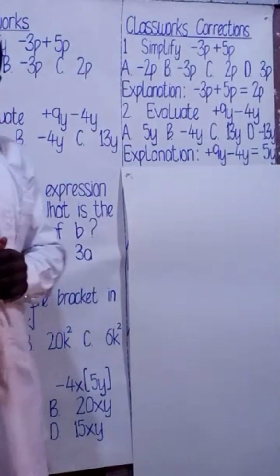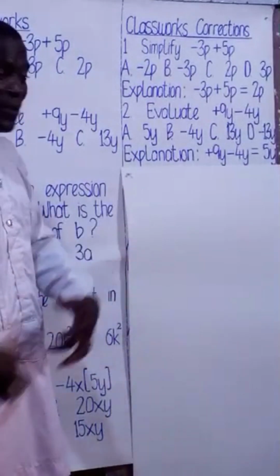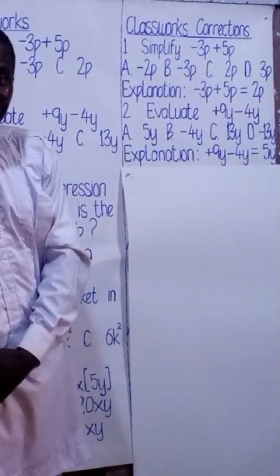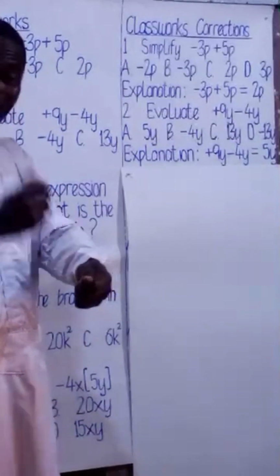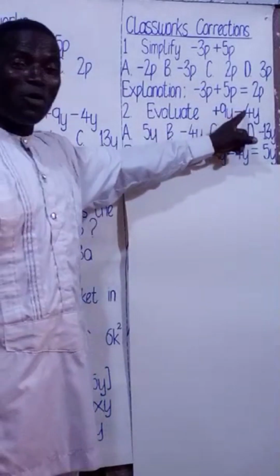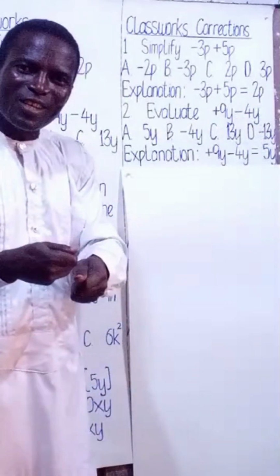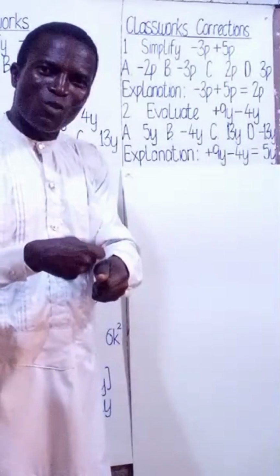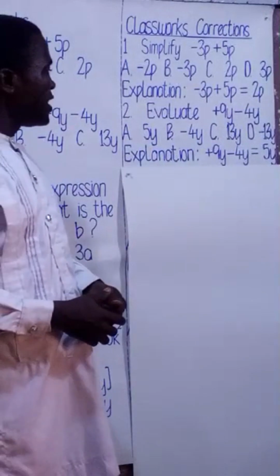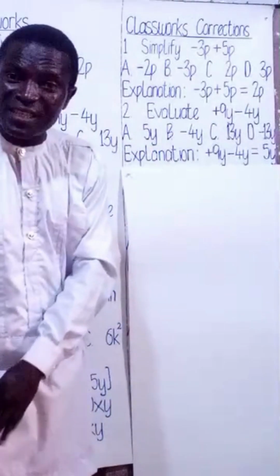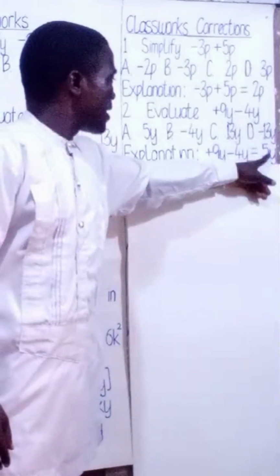When the person you are owing comes and says, where is my money, you dip your hand inside your pocket and bring out 9y, which is your own personal money. But you are owing just 4, which is minus 4. So you count 4 out of that 9y, hand it over to the person you are owing. So the amount of money that is going to be your own personal money with you is plus 5y.